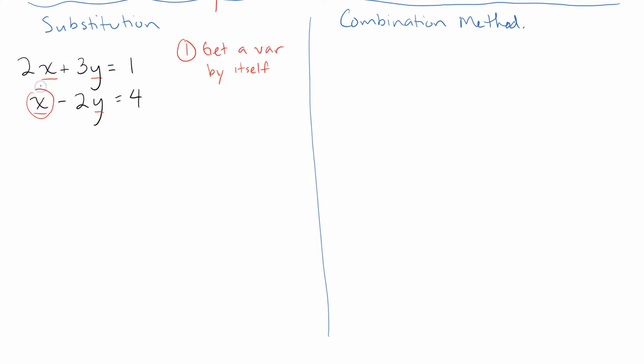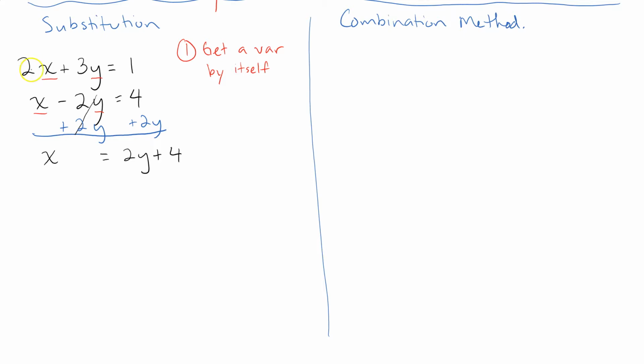I can get that x by itself using our solving methods. All I'm going to do is add 2y to both sides of that equation. If I do that, these cancel out, and I'm left with x is equal to 2y plus 4, or 4 plus 2y. Notice I have the x by itself now.